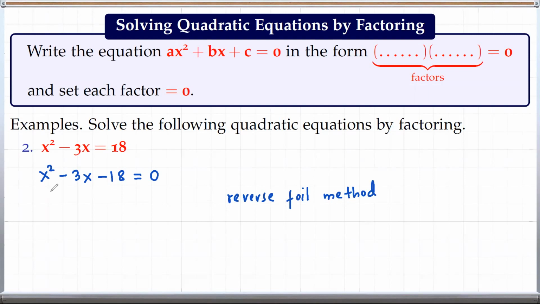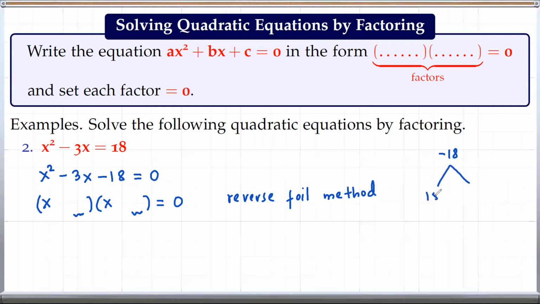So using the reverse FOIL method, we just want to write this as two factors like this one. So since we have x squared, we need x over here, and we need x over here so that the product becomes x squared. Now, the constants over here and over here should make negative 18. So we look at different ways that can make negative 18. So let's look at some possibilities.